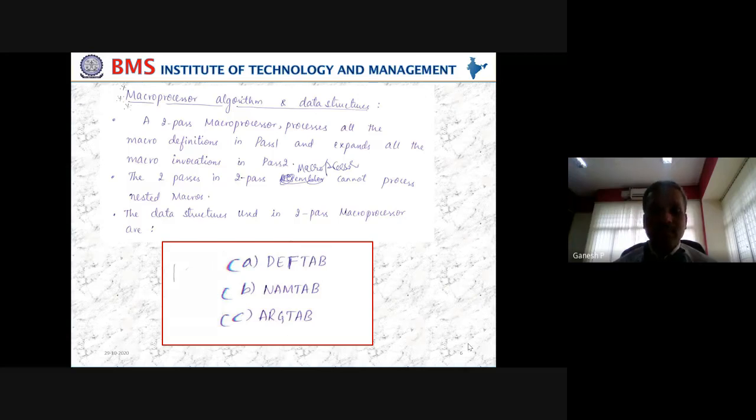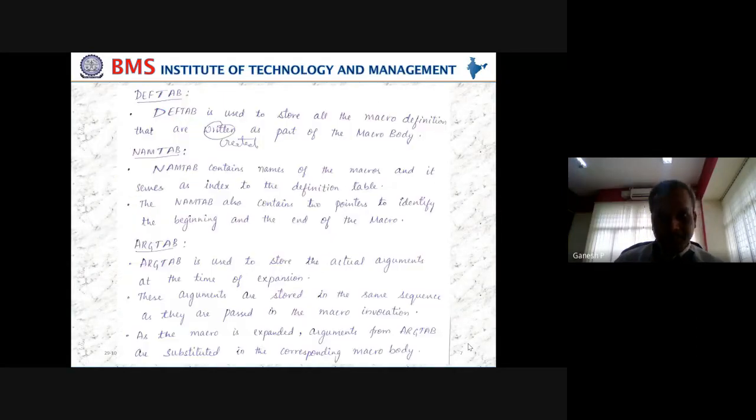These are the three tables we are going to have as far as the macro processor is concerned. Let us look at the visualization of these tables, so that you will get clarity on the need for these three. So roughly, we require three data structures for the macro processor: definition table, name table, argument table. How they are structured, let us see now.